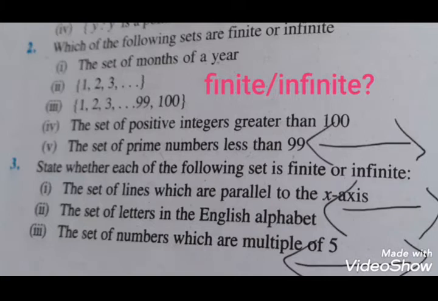Then the set of numbers which are multiples of 5: 5, 10, 15, 20, 25, 30, 35 up to infinity. We have so many numbers and we don't know the last number, so the elements are not countable and it is an infinite set. So the first and third are examples of infinite sets, whereas the second is an example of a finite set.